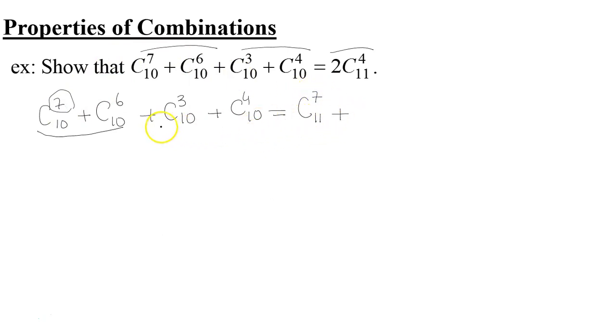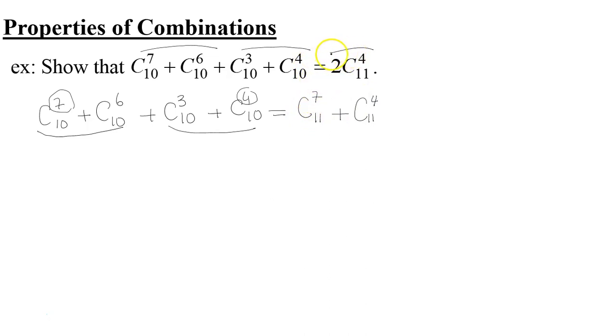And similarly for the other two. For the other two, we have the same total number of objects, which is 10, and the total number of selections differ by 1. So for the total number of objects, it increases by 1, so it becomes an 11. And for the total number of selections, we do take the larger one. So we do, in fact, take the 4.